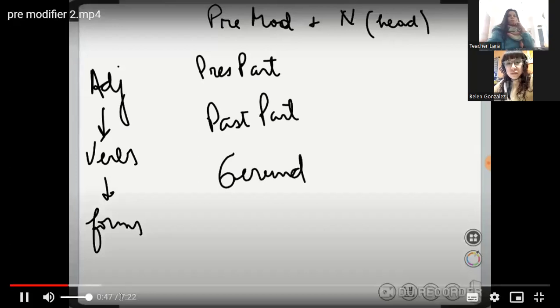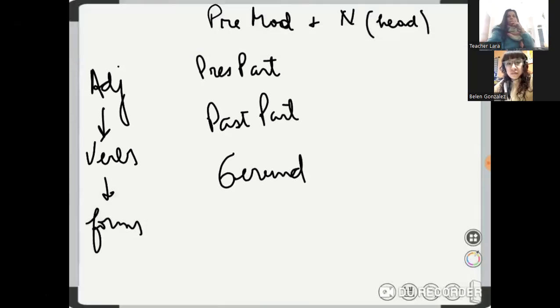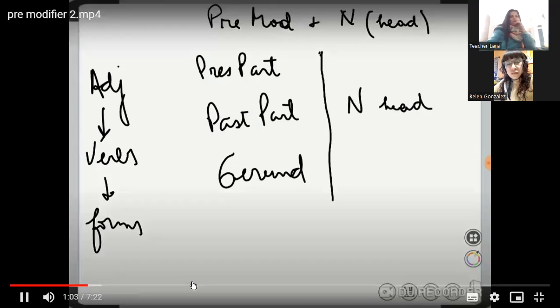In the three cases, they come from a verb, and all of them appear before the noun, which is our head in the noun phrase. Okay? So let's take one by one and we will see.